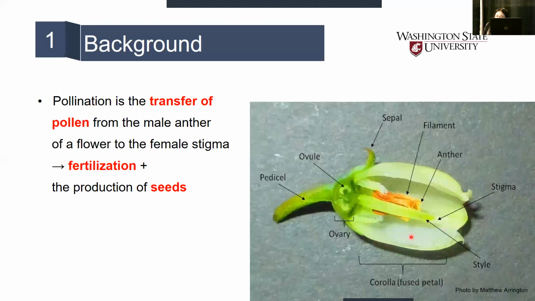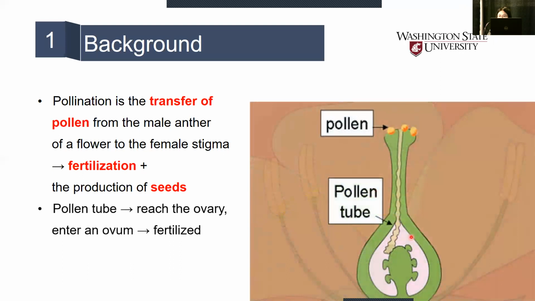And in flowering plants, after the pollen grains land on the stigma, it will develop a pollen tube through the style and finally reach the ovary. And the sperm cells in the pollen grain will go down through the pollen tube and enter an ovum to fertilize it.